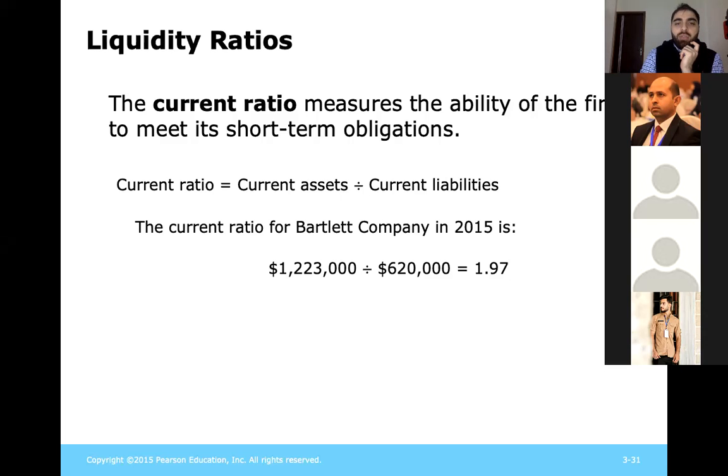If the ratio equals 2, the current assets can meet the current liabilities twice, which means I can pay off my current liabilities twice, which means this is better.